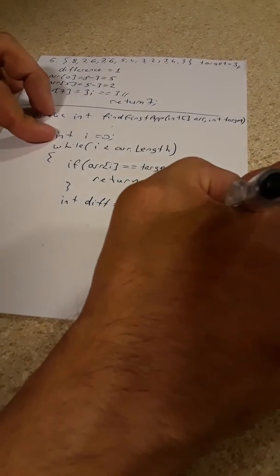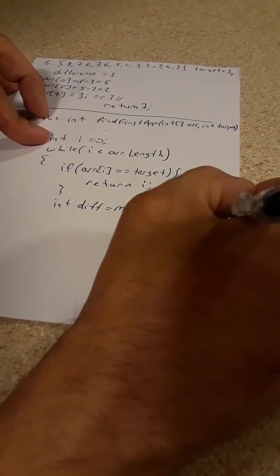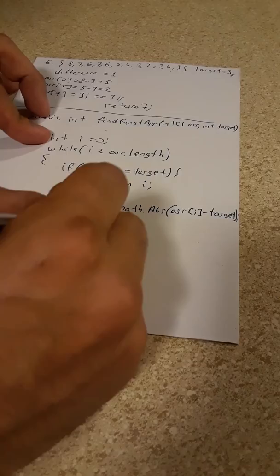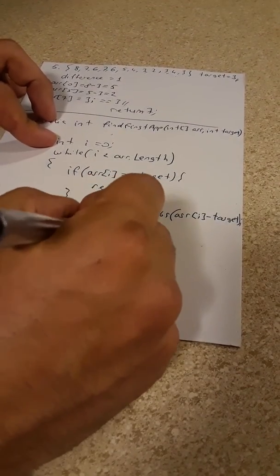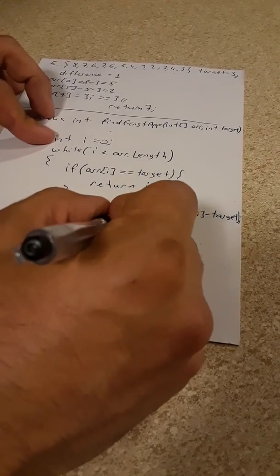Element in the array minus target, and I increment my i value, which is the index, by the value of the difference.